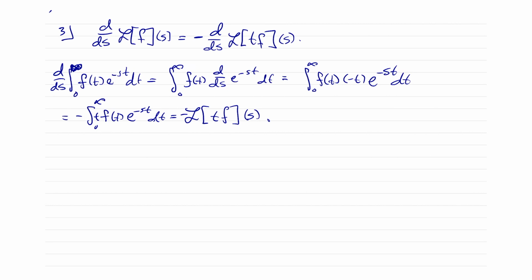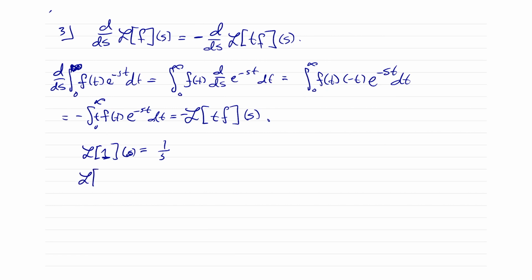So what does this get us? Remember how we know the Laplace transform of 1, but we'd also like to know the Laplace transform of t. We'd like to know the Laplace transform of t squared, t cubed, and we can build up from there. So for instance, the Laplace transform of 1, we just said a second ago, is equal to 1 over s.